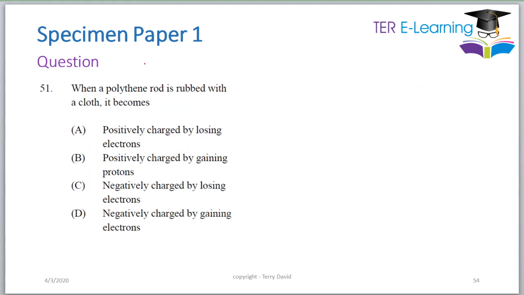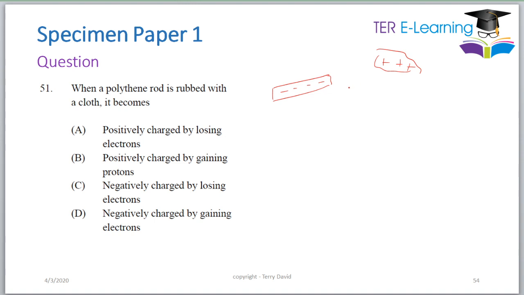Number 51. They're telling us when you have a polythene rod and it's rubbed with cloth, what happens? So a polythene rod, when you rub it with a piece of cloth, the rod becomes negatively charged. If the rod becomes negatively charged, it means that the cloth is going to become positively charged.